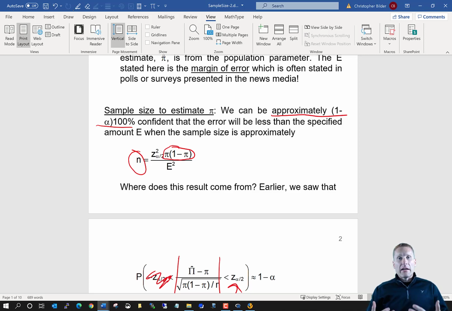This is then a conservative solution because some other n could work too that's smaller if that pi was something else. So what we're going to do is choose the largest n that would be necessary in order to still remain 1 minus alpha times 100% confident.